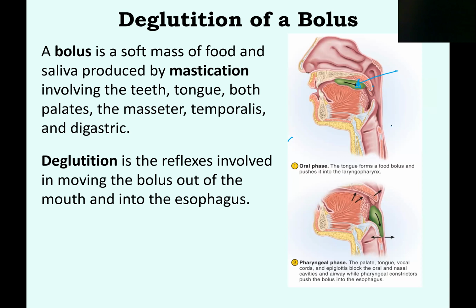So once we have this bolus, so yes, you're supposed to spend time chewing your food. Deglutition is the reflexes involved in moving the bolus from the mouth into the oro and laryngopharynx and down into the esophagus.